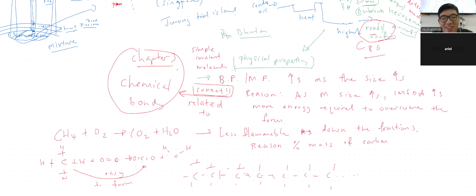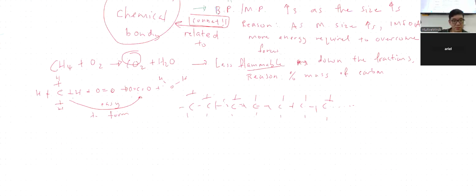Then you can form this. So this will be less flammable compared to methane, because in order for something to burn, you need to break all the bonds to get the carbon dioxide. Therefore, methane is the most flammable compared to all the larger molecules.